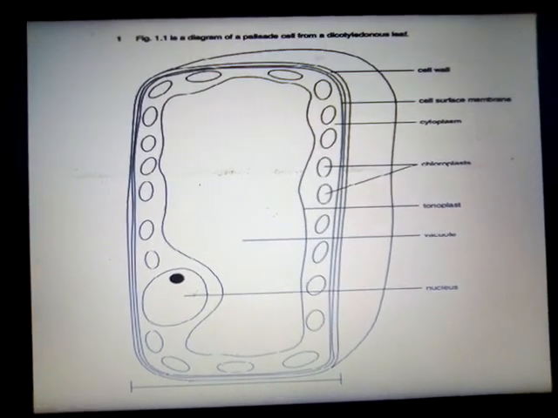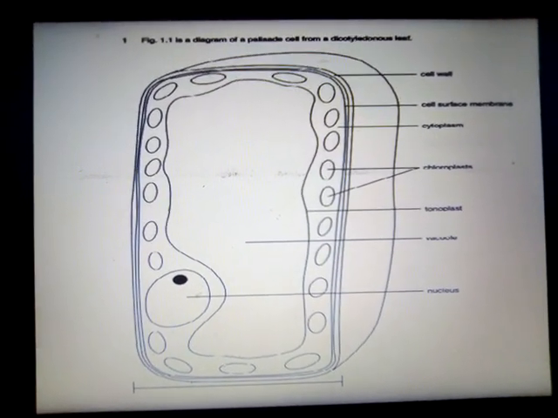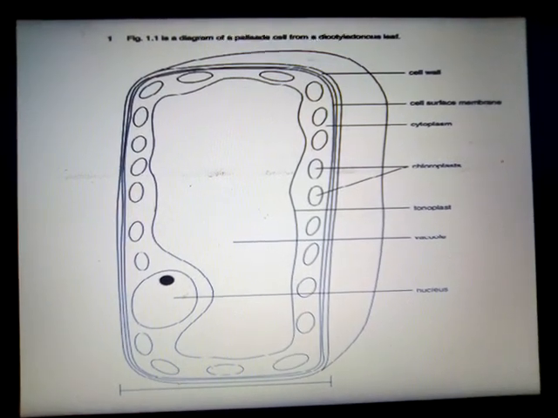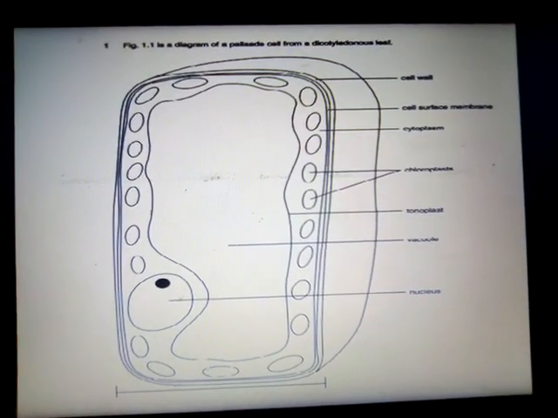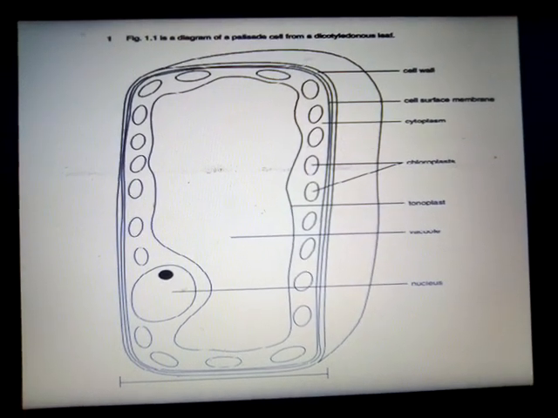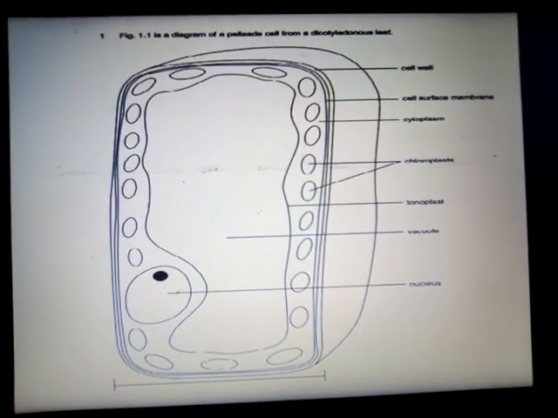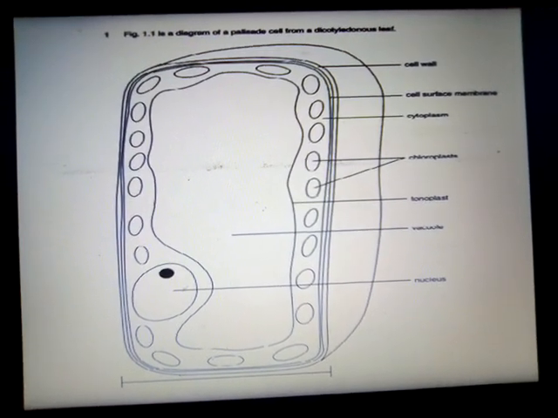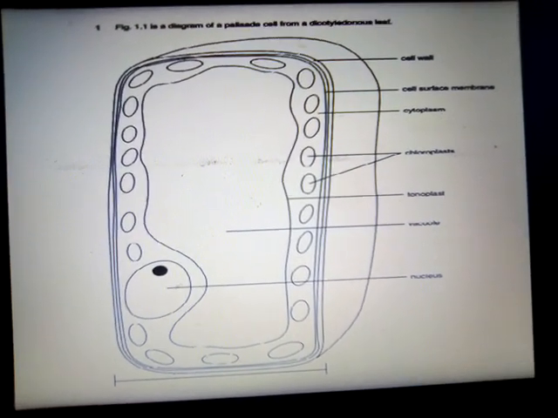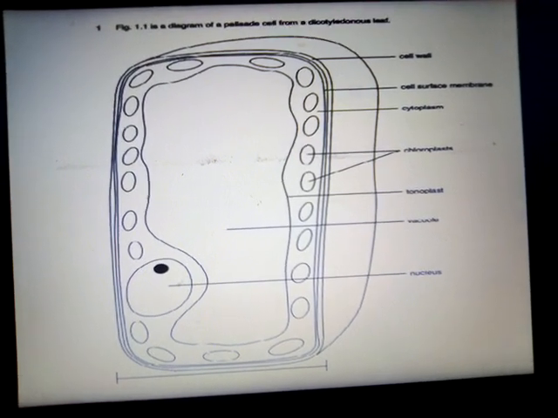The parts labeled from top to bottom are cell wall, cell surface membrane, cytoplasm, chloroplast, tonoplast.